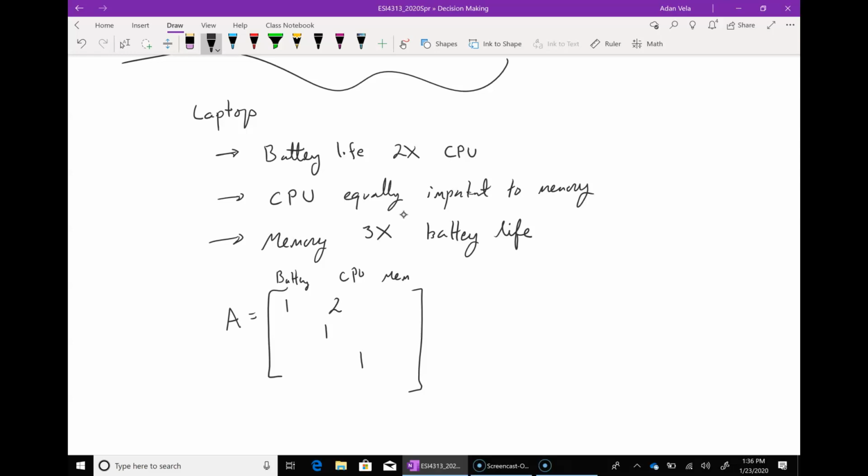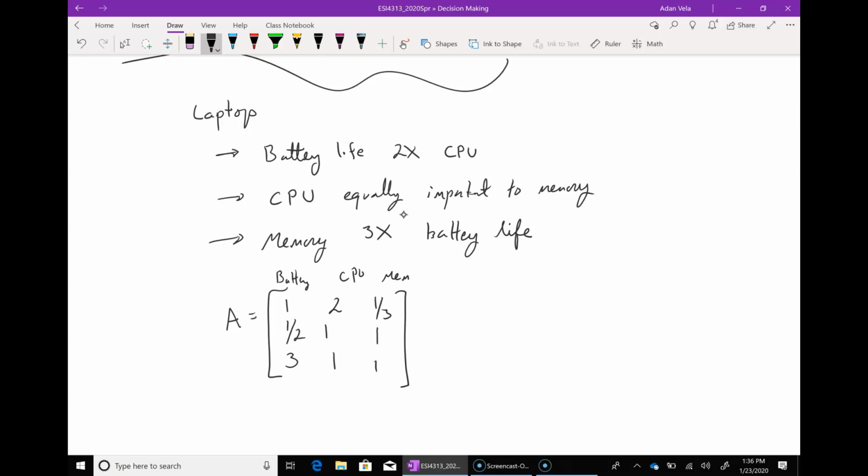Memory is 3 times more important than battery life, so we're going to have a 1/3 there, and that puts a 3 on the bottom. Everything is a reciprocal mirror image. Let me make it look like a square. We're missing CPU and memory, and these are equally important, so we put a 1 and a 1.